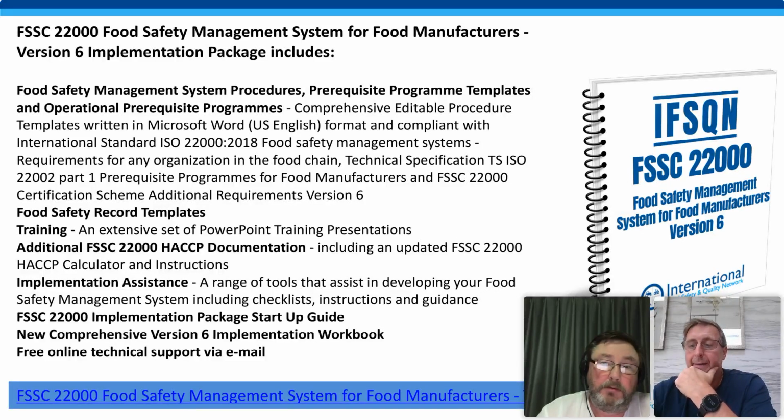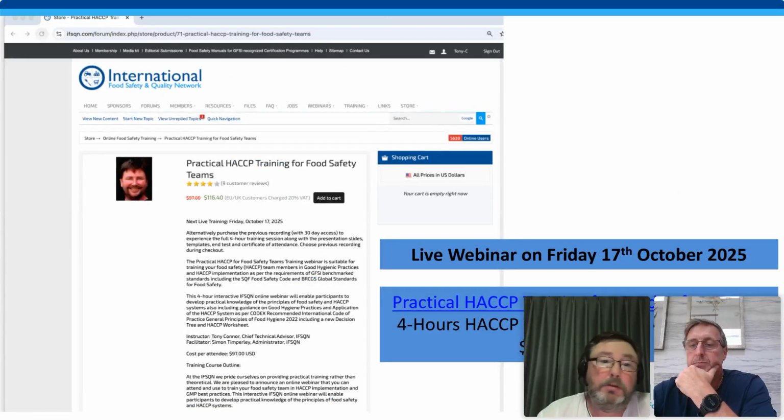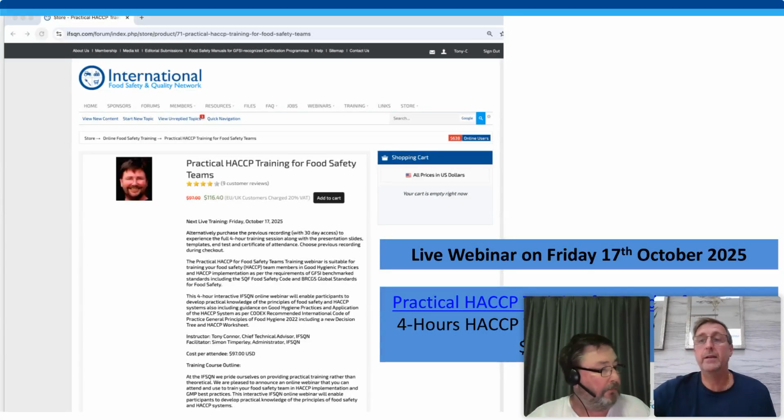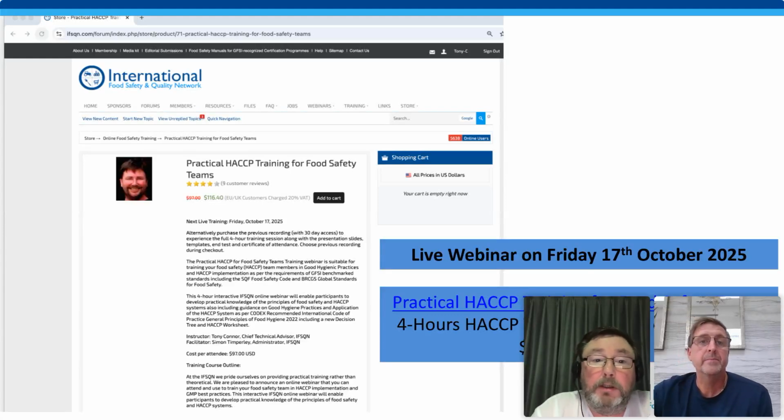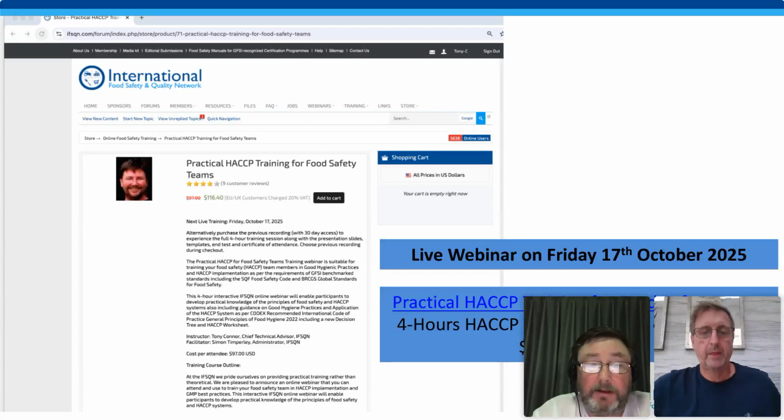So, the other thing we've got coming up is HACCP training, 4-hour HACCP training, October the 17th, Friday. It's more and more HACCP related. We've done some preliminary steps today, but we'll go through a lot more detail, including good manufacturing practices and moving on to hazard analysis.